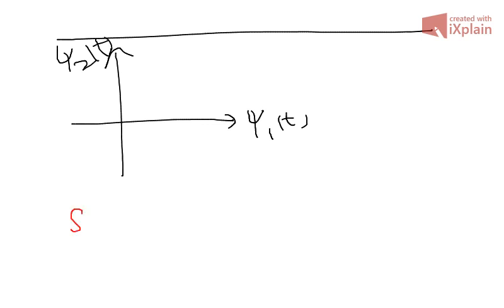Suppose my signal points are given by this vector notation, which is 1 and 1. So you can easily plot this signal somewhere here, which is 1 and 1.